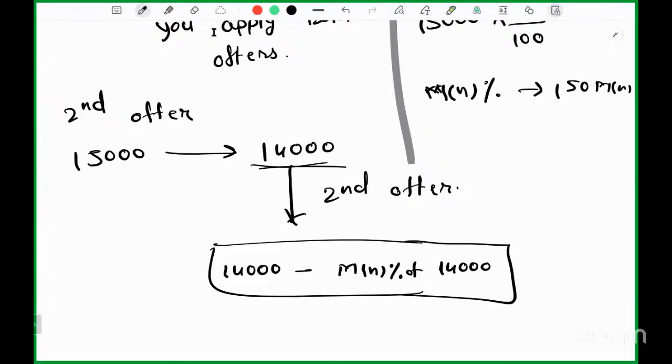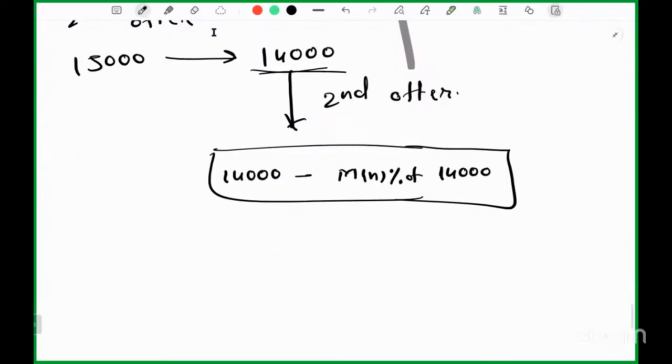And now on this one, if you apply the first offer, what will be the answer you will get? So here we have to subtract from 14,000 the MN% of 14,000. So what is MN% of 14,000? It is equal to 14,000 multiplied by MN upon 100.